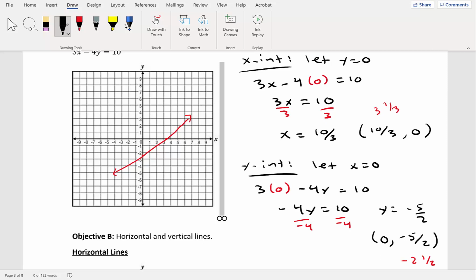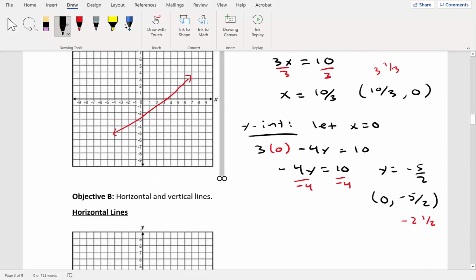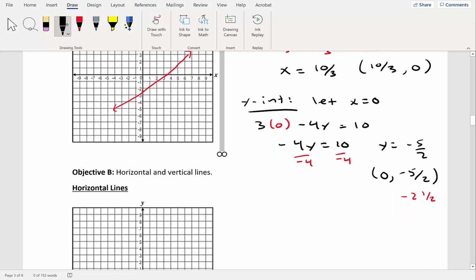Now let's take a look at our next objective. This is on horizontal and vertical lines. So first let's go ahead and take a look at horizontal lines. Horizontal lines have the form y equal to some number, or f of x equal to some number. So when it's an equation, you'll have y equal to some number. If it's written in function notation, it'll just be f of x equal to some number.